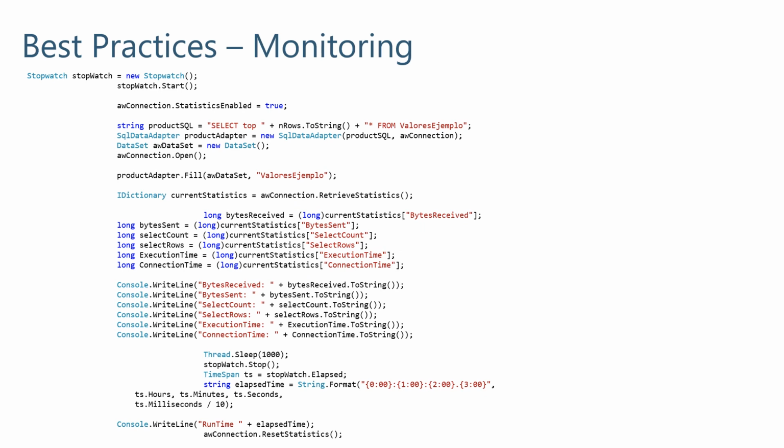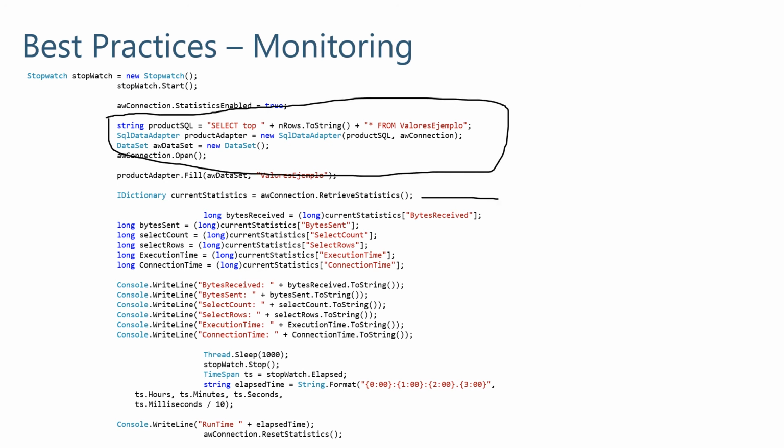This is an example I have for monitoring the connection. In this case, it's C#. We run a select top. We call this retrieve statistics. We enable the statistics here, and when you run this command, for example after this select top, you're going to have some data that is very important to know.